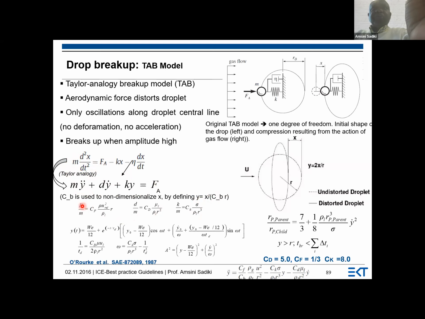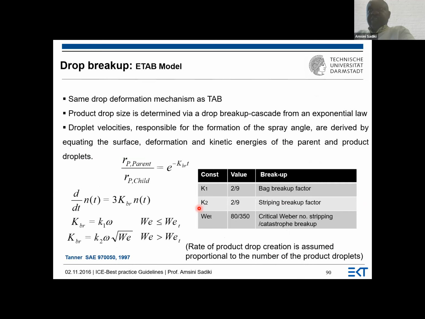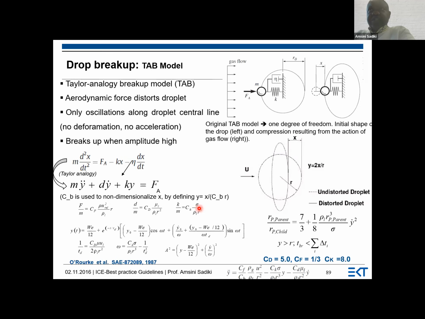The F, what we have here, is our force, D divided by m, and K divided by m, and we have everything as we had here. And if we have this, I think we must get the equation in this form. Yes, we have this expression, and by solving it, we obtain all quantities we need.